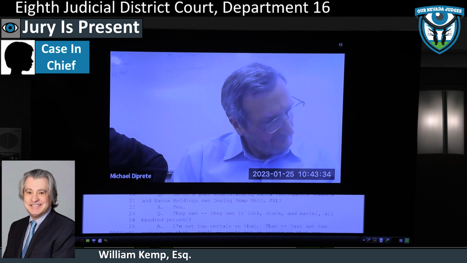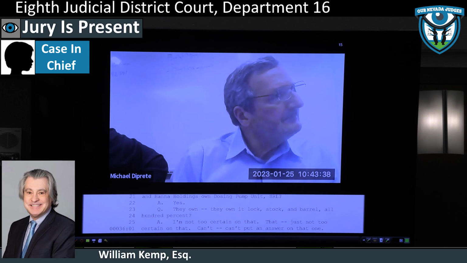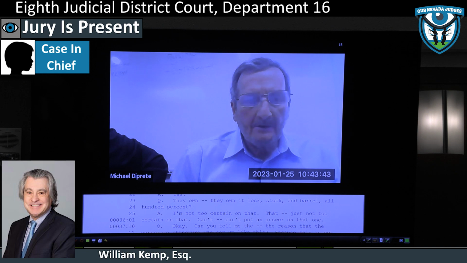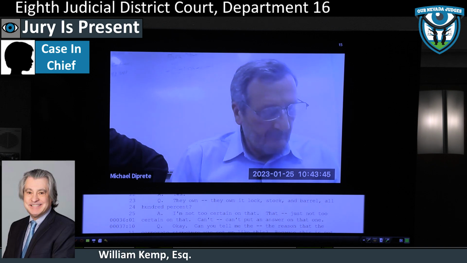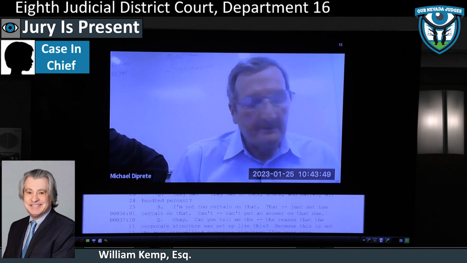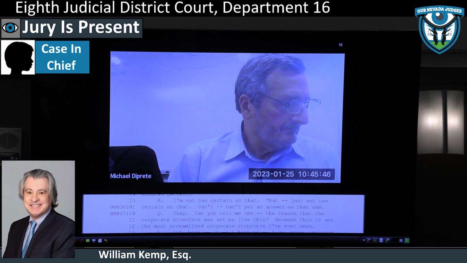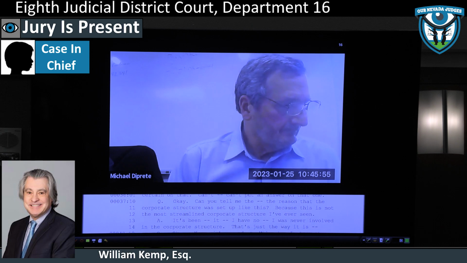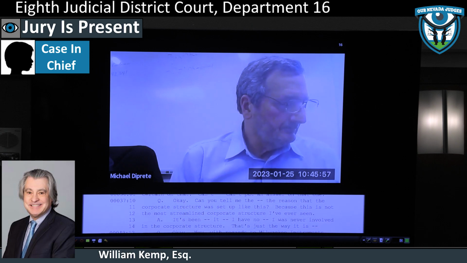They own it lock, stock, and barrel, all 100%? I'm not too certain on that. Can you tell me the reason that the corporate structure was set up like this? Because this is not the most streamlined corporate structure I've ever seen.